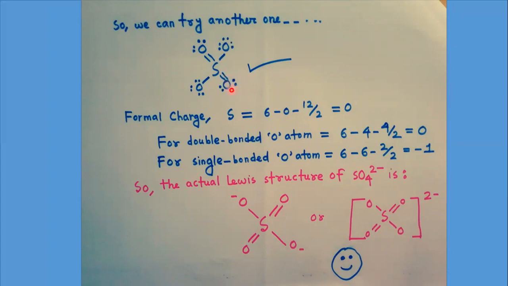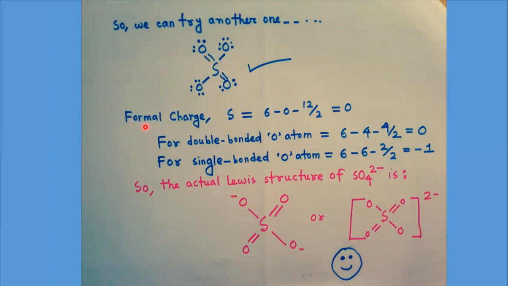So this oxygen now has 8 electrons. This oxygen also has 8 electrons. And these oxygens also have 8 electrons. But sulfur has 2, 4, 6, 8, 10, and 12 electrons in bonding. There are no non-bonding or lone pair electrons here.